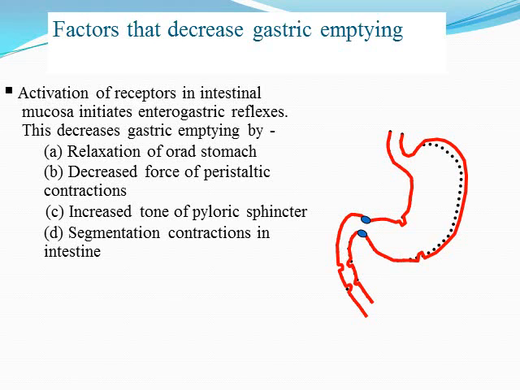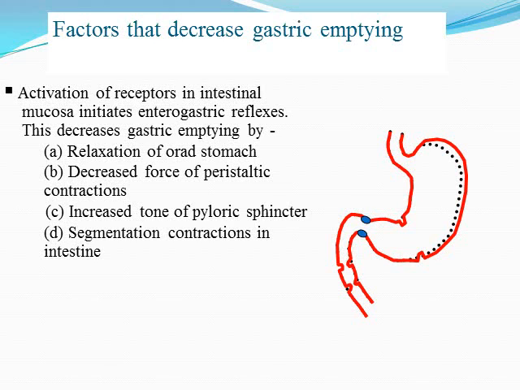Okay. And then when there is enough emptying occurring, we need feedback to decrease that entry. So when there's relaxation of the orad, which would result in decreased contractions, that's going to feed back to that sphincter and increase it, so contract it more.